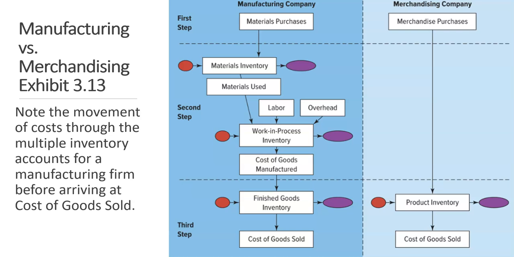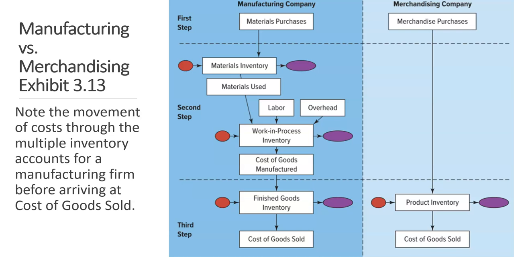So we see the merchandising versus manufacturing step here. When we're a merchandising company on the right, we purchase merchandise for resale. We get that merchandise in, it becomes part of our product inventory, and then when we sell it, it is a cost of goods sold. Manufacturing has more steps. We start with direct materials purchases. That becomes materials inventory.